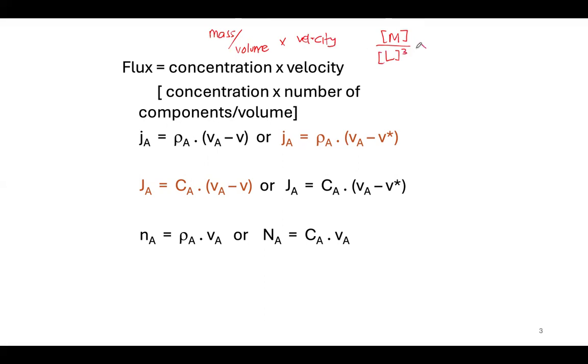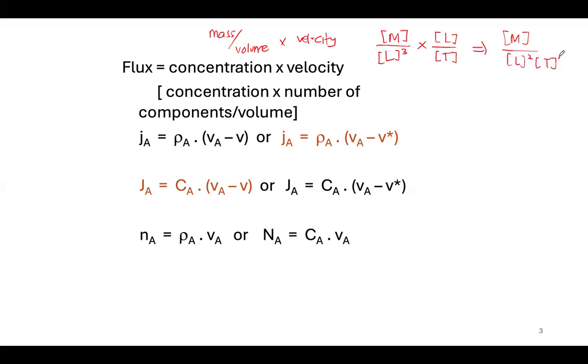And then the velocity is distance divided by time, so this is the length and this is the time. So the mass flux has a unit of mass divided by length squared divided by time.